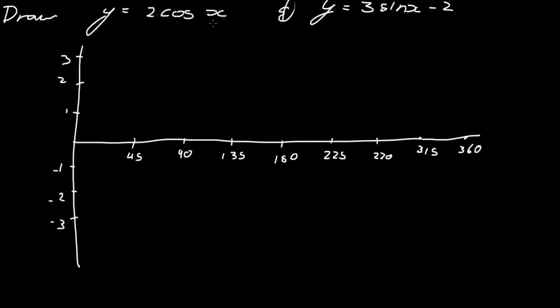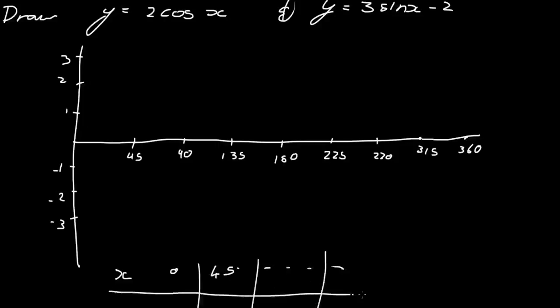Okay. So y equals 2 cos x. As I said, put this into your calculator and actually put in your x points, so 0, 45, and so on, and then get your y points. So do 2 cos x, and then also do y equals 3 sin x minus 2.